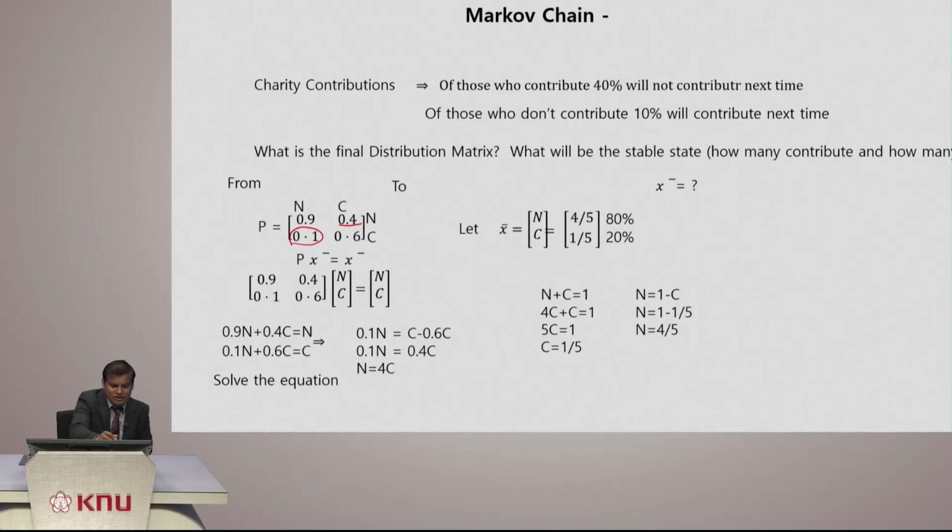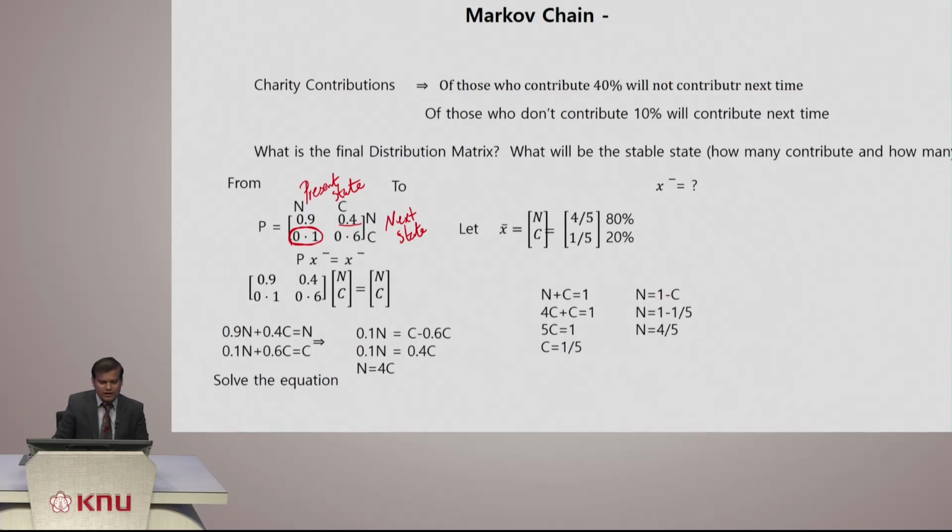We call N not contribute, C contribute. So those who have not contributed in the past will contribute. This is, let's say, the present state and the next state. Those who have not contributed now will contribute in the future.